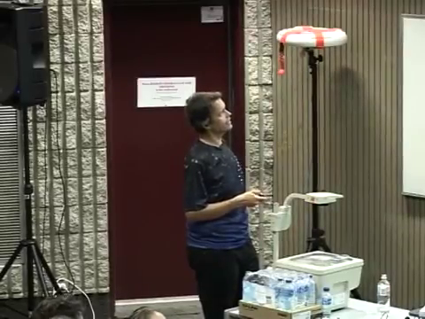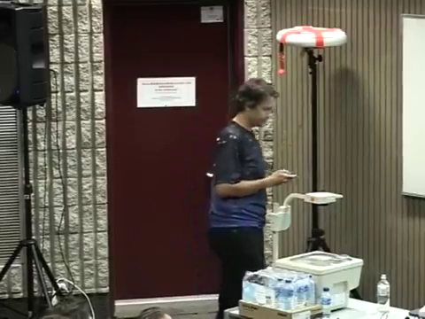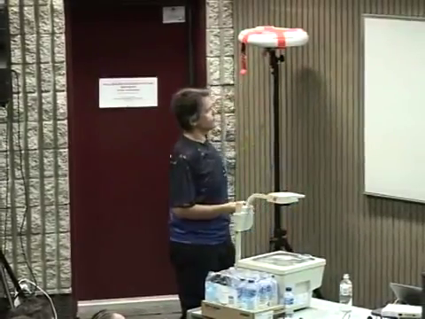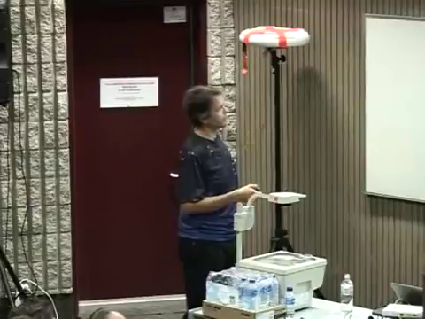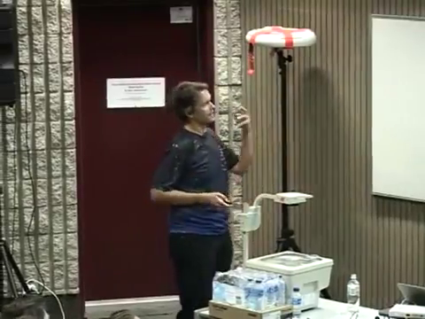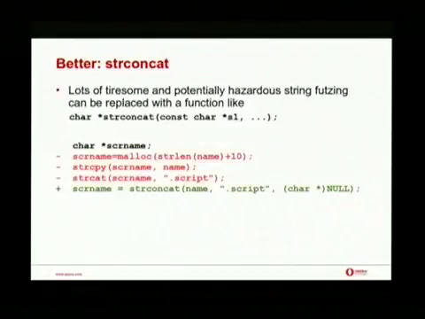And the actual error handling here just basically does whiny, whiny, whiny, go to out. As opposed to the usual thing, where you do close this, close that, close something else, all of that in there. Of course, this is a wonderful way of breaking running code, so be careful.